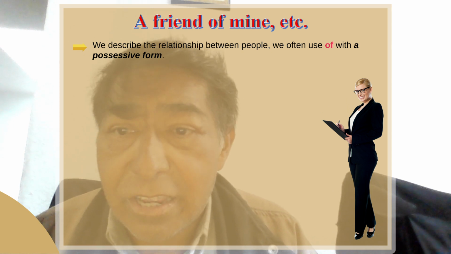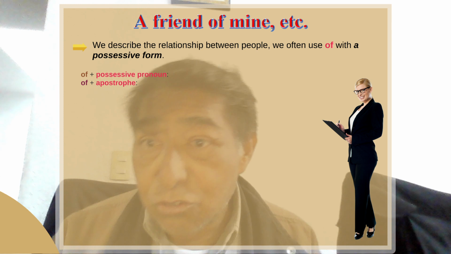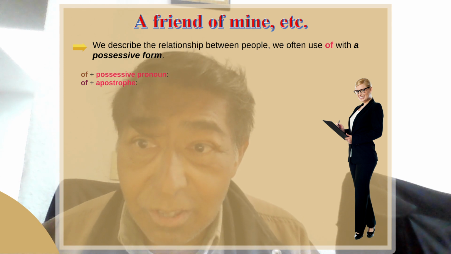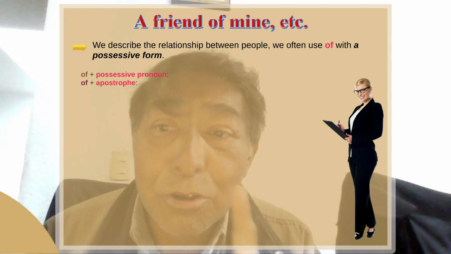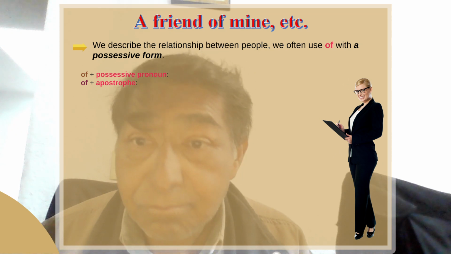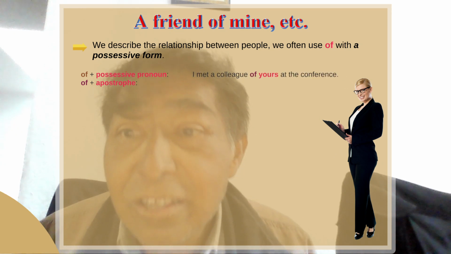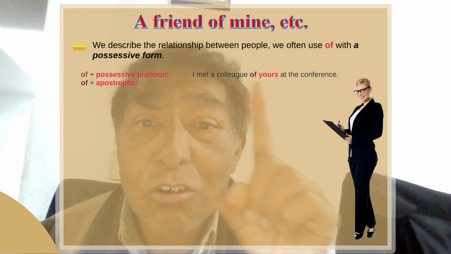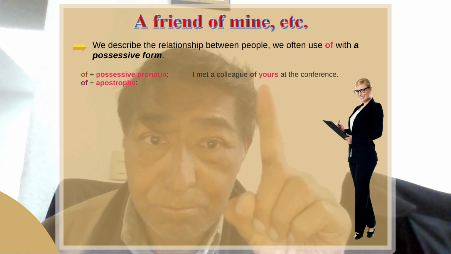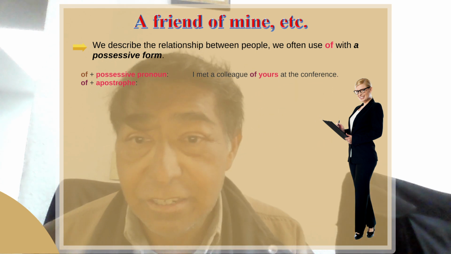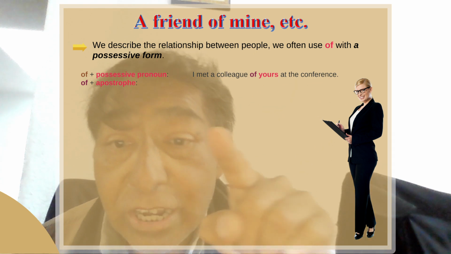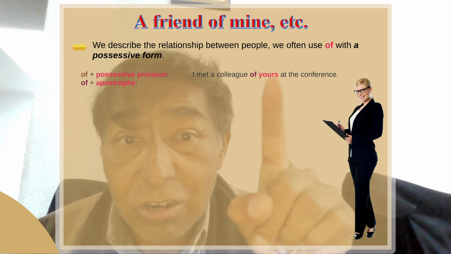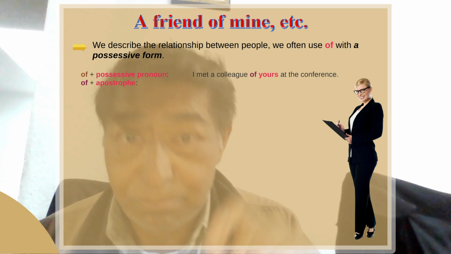So we say of plus a possessive pronoun, or of plus apostrophe. If I use of plus a possessive pronoun: I met a colleague of yours at the conference. Whose colleague? Your colleague. I met a colleague of yours.